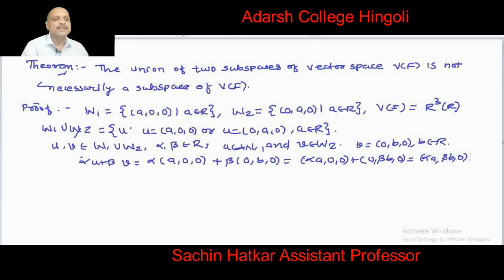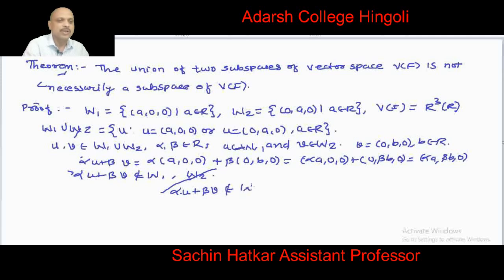It is neither of the type W1 nor of the type W2, and hence this element cannot be a member of W1 or W2. If it is not a member of W1 and not a member of W2, it cannot belong to their union, and hence the union of two subspaces is not necessarily a subspace of a vector space.